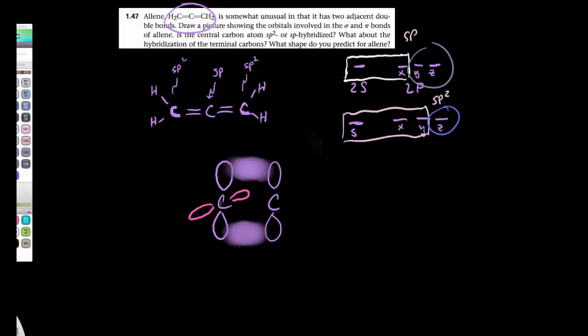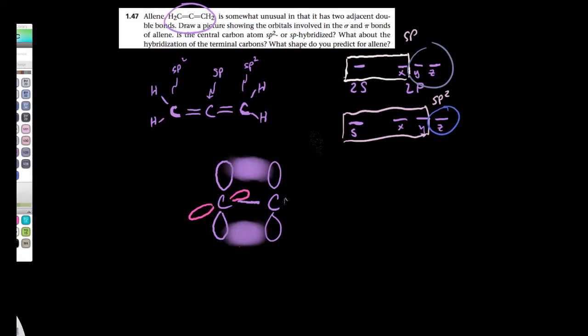And then this carbon is sp2 hybridized, which means the two hydrogens attached and this middle bond, so if we look at this bond in the middle, it is in the plane of the screen or the paper.